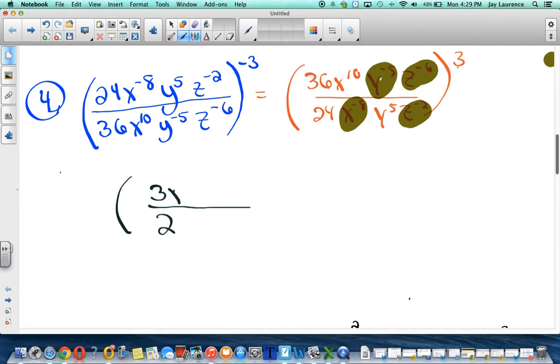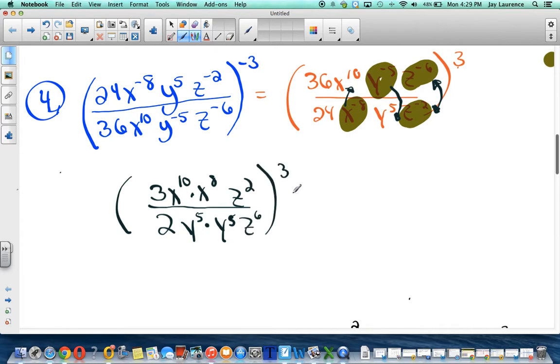I'm going to get x to the 10th times an x to the 8th. I'm going to have a y to the 5th times another y to the 5th, right? Because this one's coming down, and this one up. And these guys are actually switching places, aren't they? So I'm going to have a z squared in the numerator and a z to the 6th in the denominator.